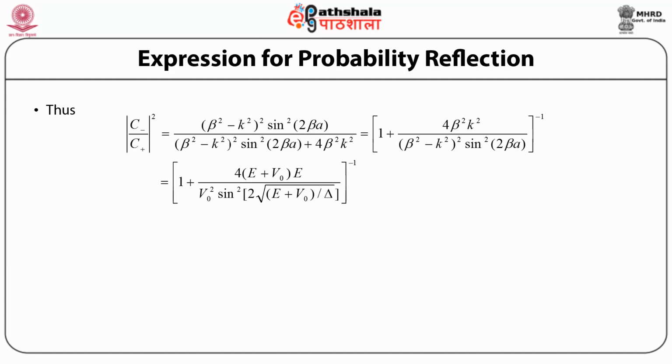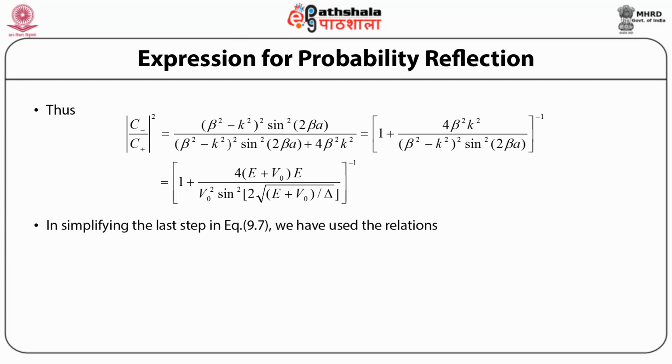This is equal to the inverse of 1 plus 4 beta square k square divided by square of beta square minus k square into sine square 2 beta a. This is equal to the inverse of 1 plus 4 times E plus V naught into E divided by V naught square, sine square within the brackets 2 times square root of E plus V naught divided by delta.